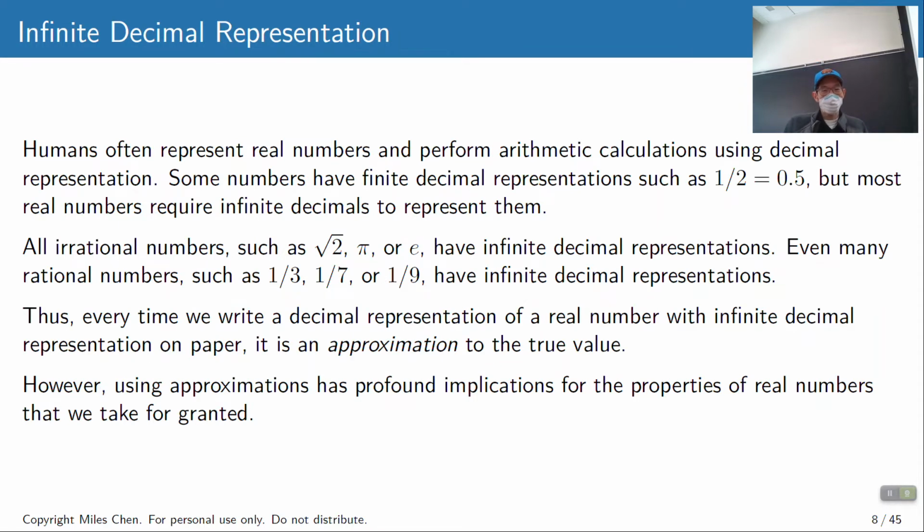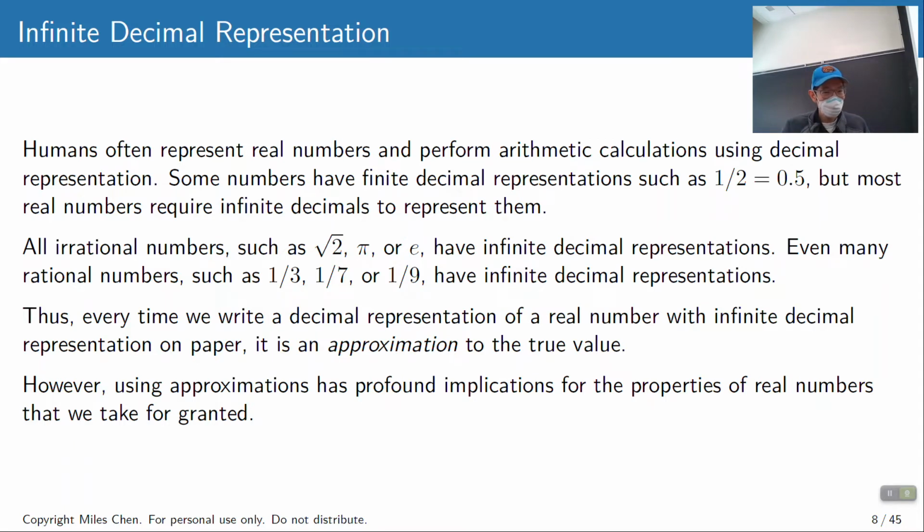Okay, now pretty much any real number we can represent in decimal notation, and some numbers have finite decimal representations, like the number 1/2. 1/2 is 0.5, and that is exactly equal to 1/2.